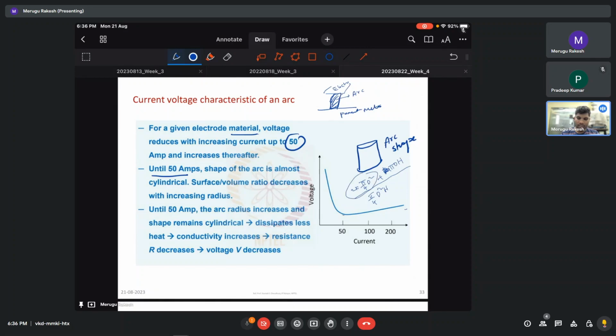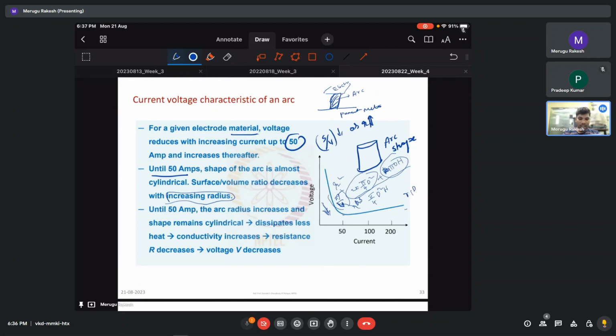That is the top and bottom surface area plus the lateral surface area, divided by the volume. With an increase in radius or diameter, the surface to volume ratio is going to decrease, because the surface has r squared and the volume has r cubed. So the A by V will decrease as the radius increases, since r is in the denominator.